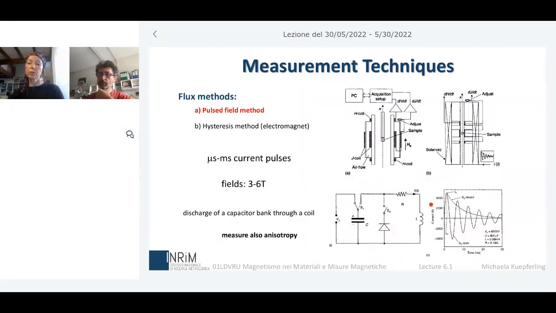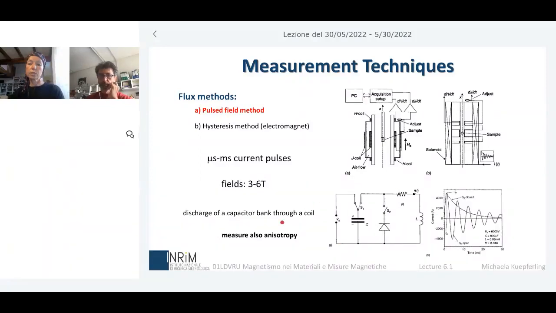Of course, in order not to destroy this copper coil with your high currents and due to Joule heating, you need to apply it in a very brief pulse, and usually pulses of microseconds up to milliseconds are used. And you do this by discharging a capacitor bank. So this would be the electrical circuit that we use.